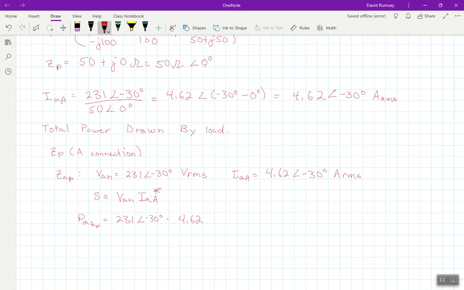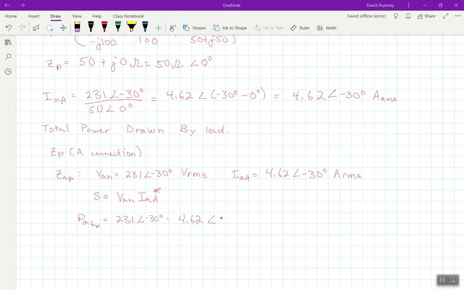4.62. Now to do the conjugate of the angle here, we have to be a little bit careful, but it turns out the conjugate would just simply be a 180 degree phase shift, I believe.